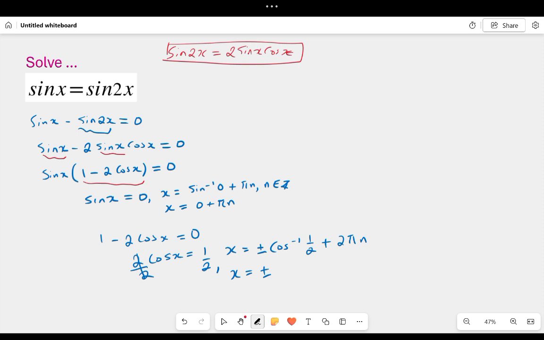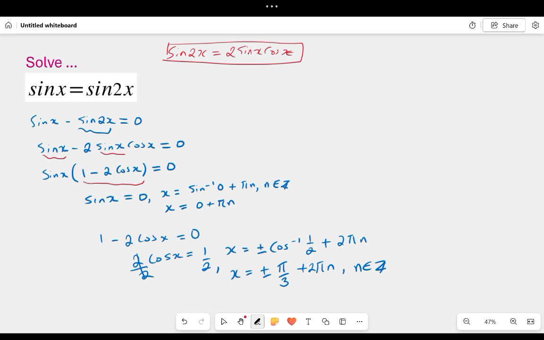Actually, the cosine of 60 degrees is equal to a half. 60 degrees is just the same as pi over 3, plus 2 pi n, whereby n refers to all the integers.